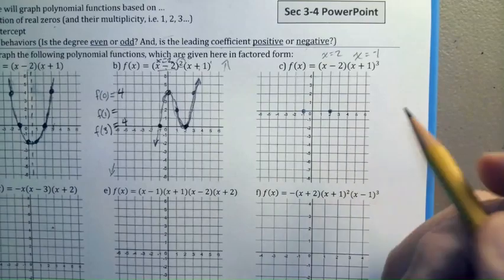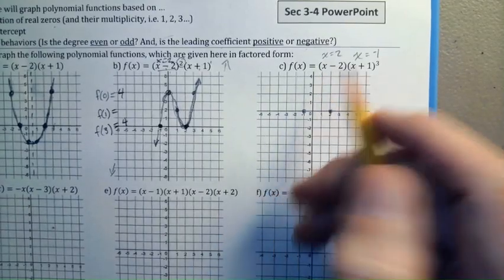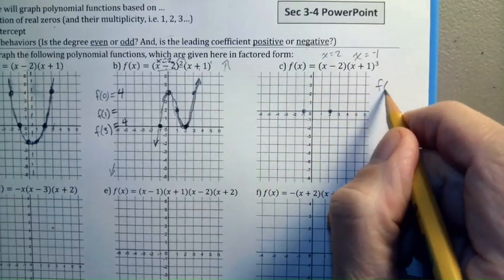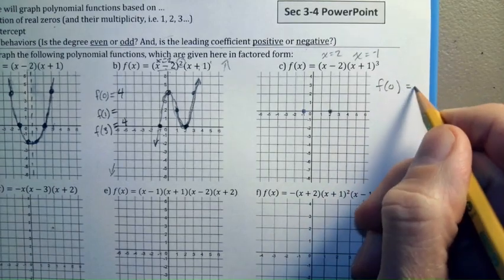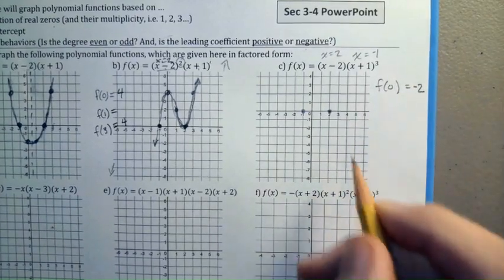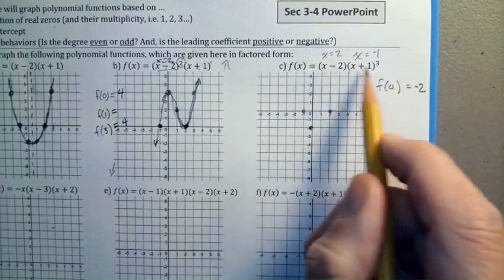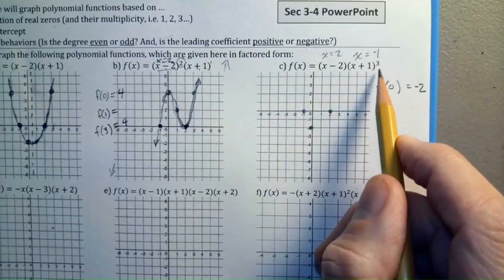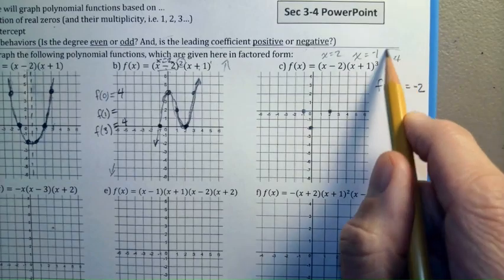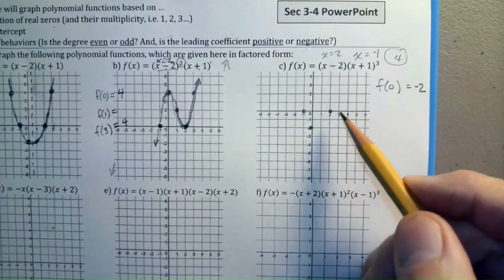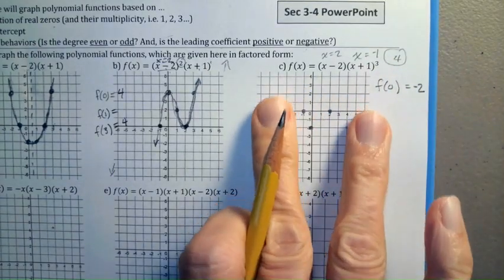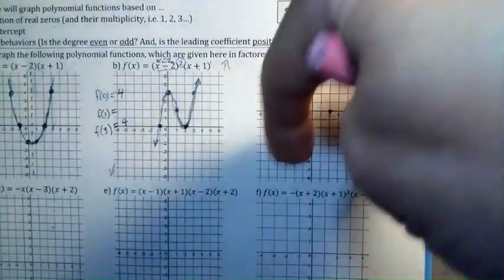All right, and then let's put in f of 0 to find our y-intercept. That ends up being negative 2. So we're down here. All right, and think about what the degree is. The degree here is going to be 4, right? The degree is 4. That means the end behavior is either both going up or both going down.